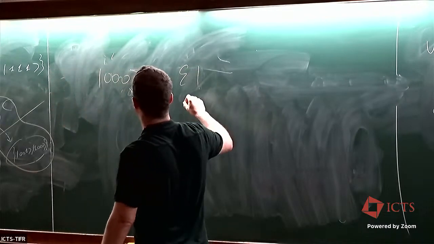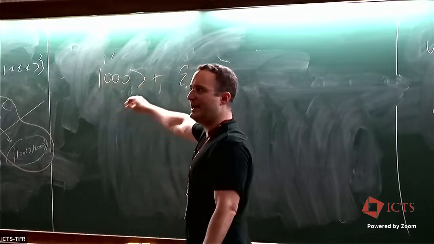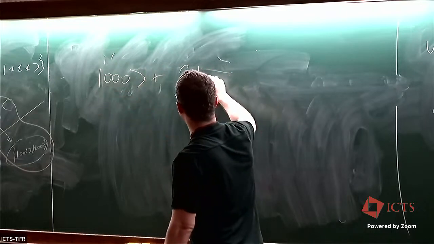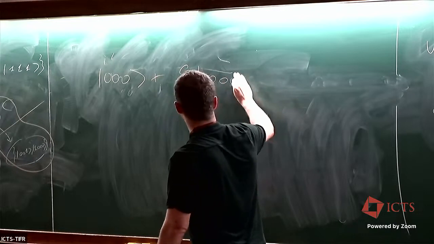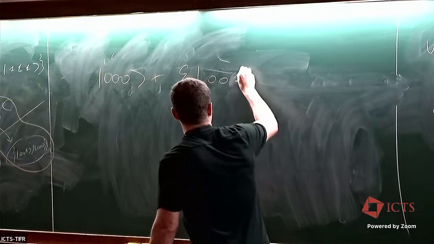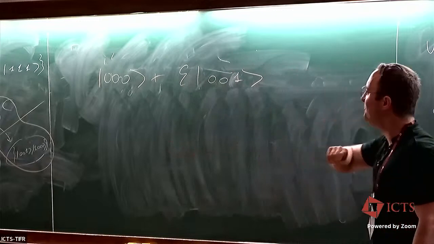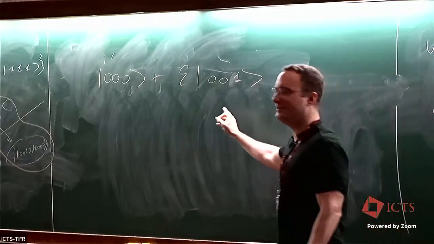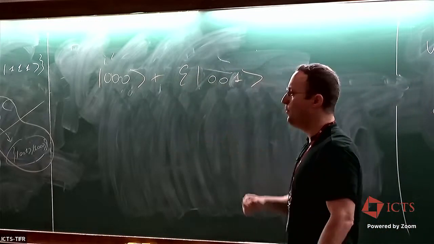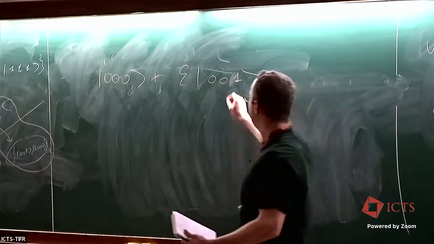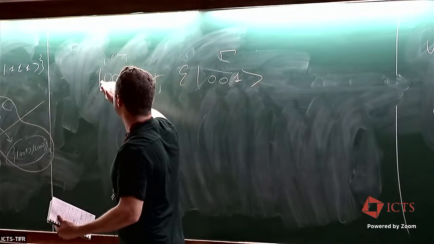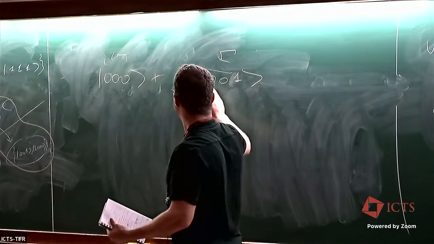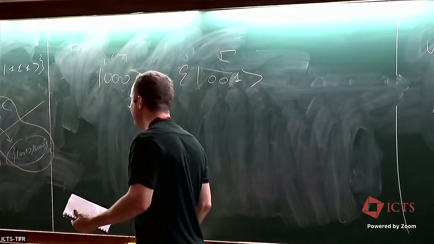Suppose I start in 0, 0, 0, and now I go to the state 0, 0, 0 plus epsilon times 0, 0, 1. Nothing will be normalized in my talks, so don't ask me about it. When I measure whether this qubit is equal to this qubit, I don't gain information about whether I'm here or here. But what happens is I collapse myself.